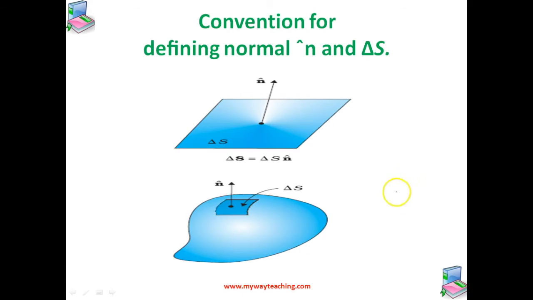That gives the total electric flux. So phi is approximately equal to the summation of E dot delta S. The approximation sign is put because the electric field E is to be taken constant over the small area element. But this is mathematically exact only when you take the limit delta S tends to 0. So only here the approximation sign.